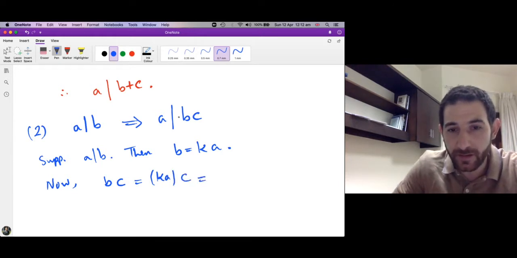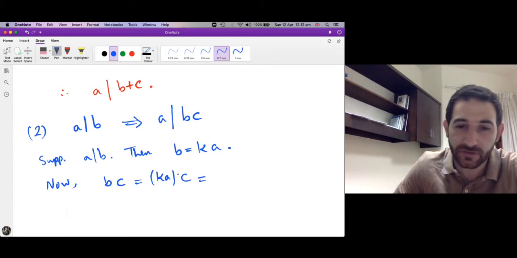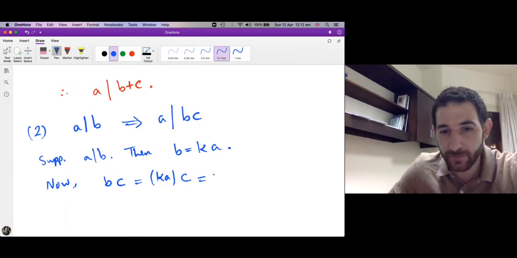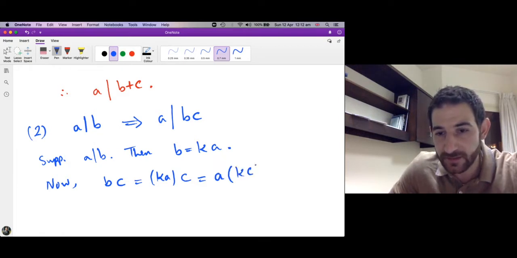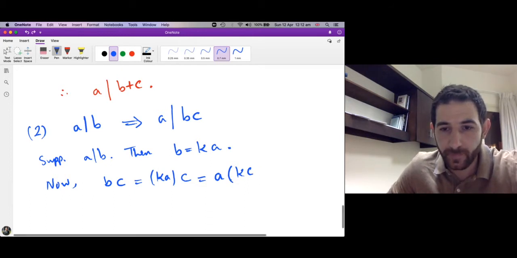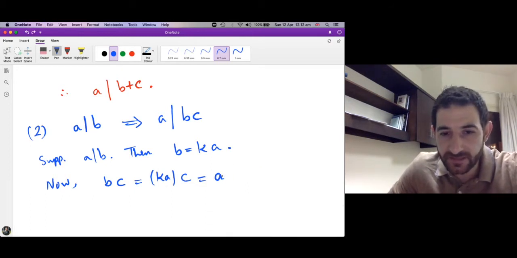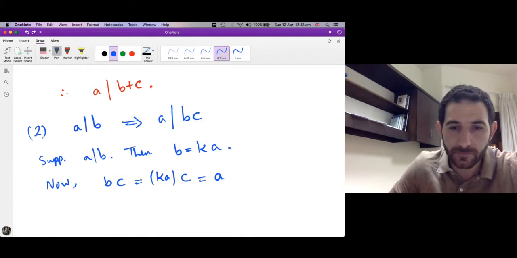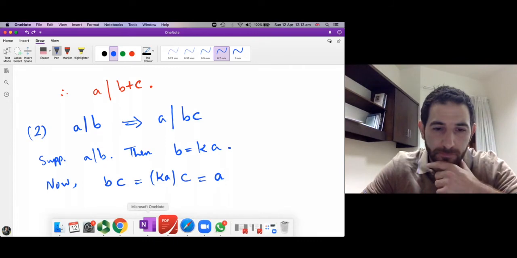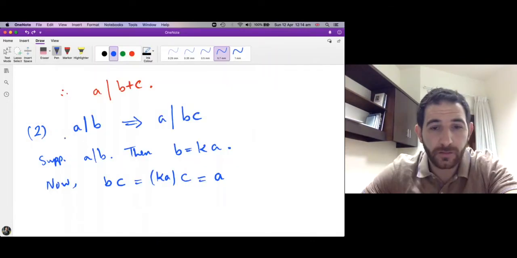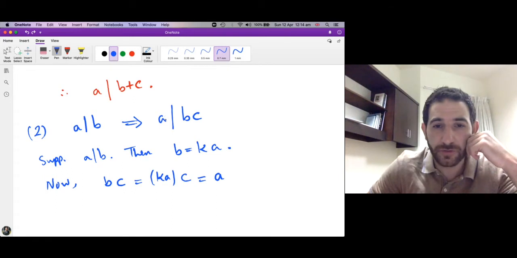Now I can use associativity and commutativity of the product operation on the integers to write this as A times KC. We want to show A divides BC.